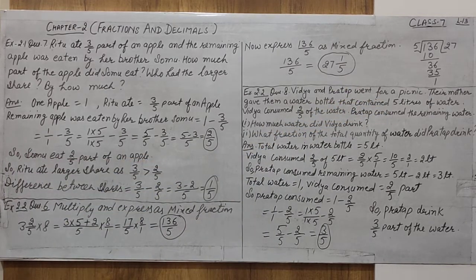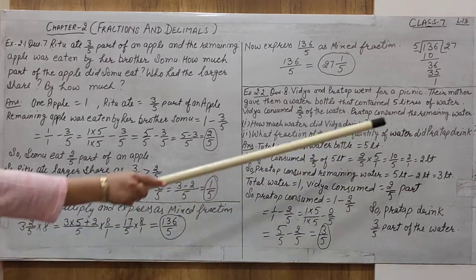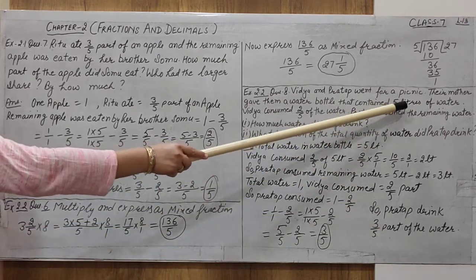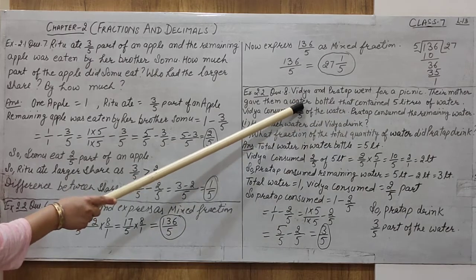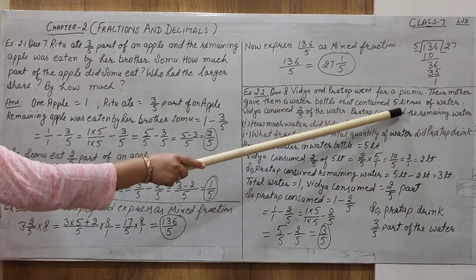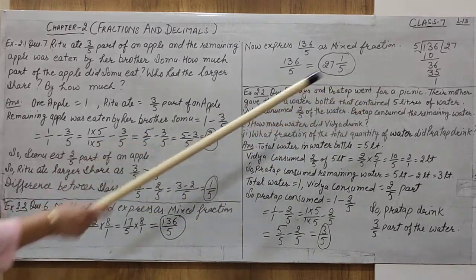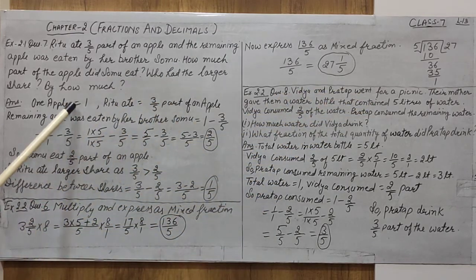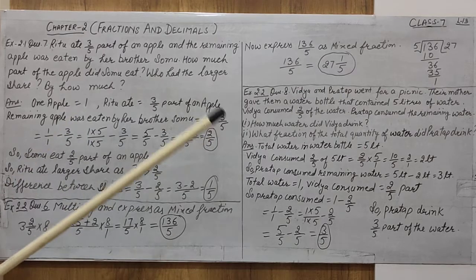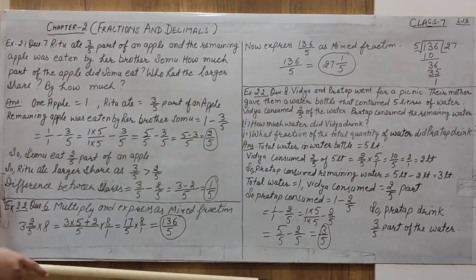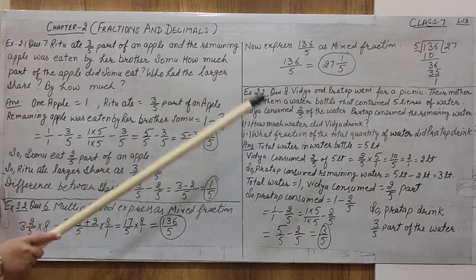How much water is in the one bottle? That is 5 liters. This is the complete quantity. One bottle in which there are 5 liters of water, that is the complete quantity, that is equal to 1. Alright, the complete quantity we can say in the form of a fraction is equal to 1.